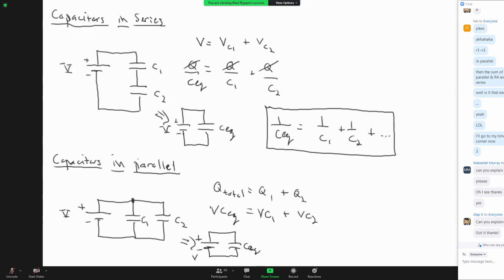And since for things in parallel, voltage is the same, we can cancel it out and we can see that CEQ is equal to C1 plus C2 in your system. So capacitors in parallel are additive, just like resistors in series, okay? So just relating back, using Kirchhoff's loop rule and junction rule in our system.